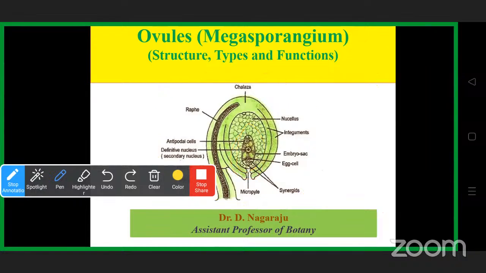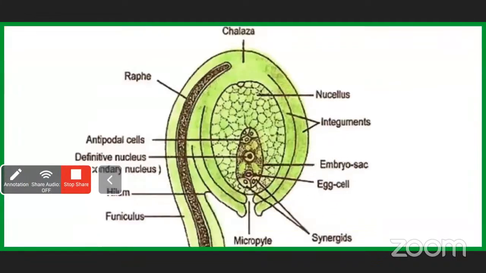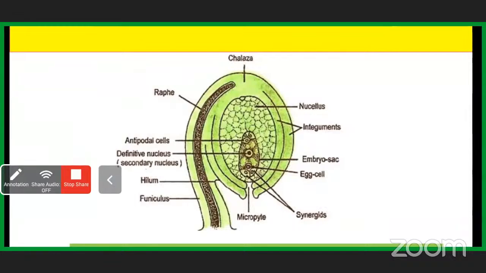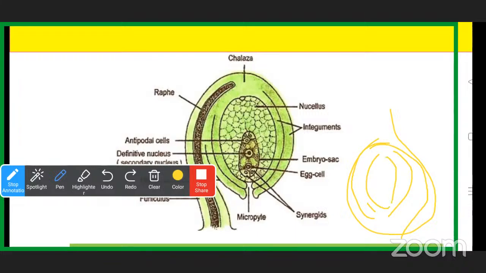Okay. Now you can see the structure of the ovule. In the ovary, the ovule is present, usually arranged in the middle.